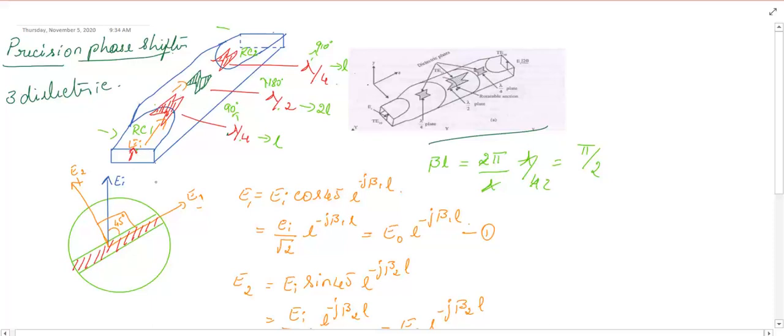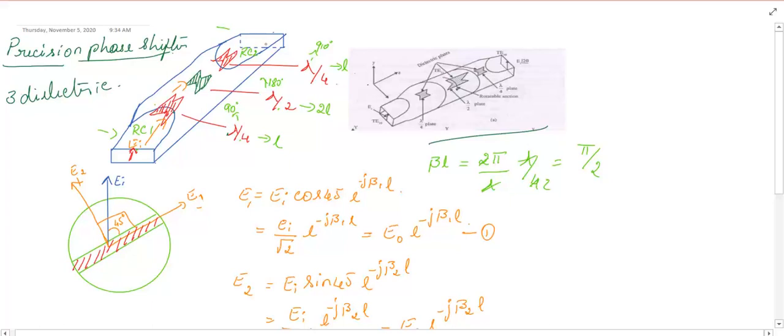It is not like our attenuator. In case of attenuator, it was a resistive plate and only the perpendicular component was moving further and the parallel component was absorbed. But here it is not that. Here both the signals are moving forward. So the split signals E1 and E2 are going to the next plate.